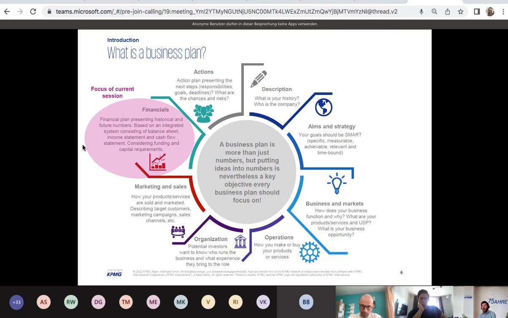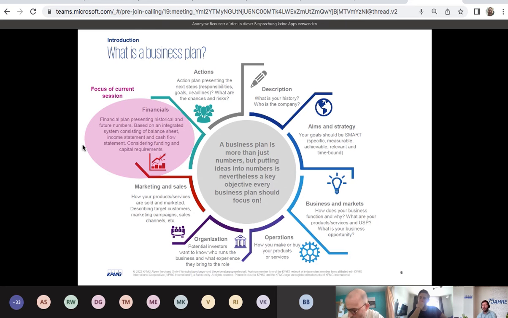It includes, of course, operations. Do you make products or buy products? The organizational structure, who runs the company, who is in charge of what, basically, marketing and sales, and the most important part for us basically are the financials then, which are of course also part of a typical business plan.